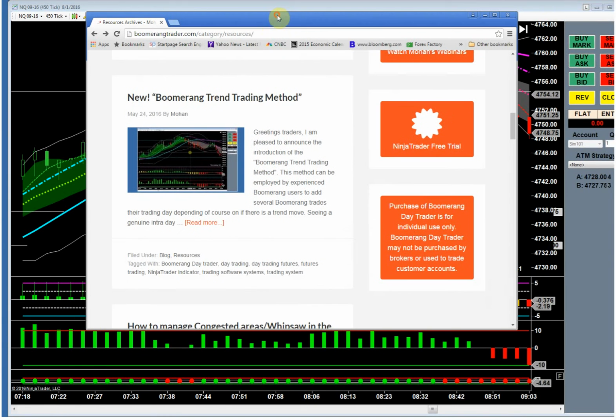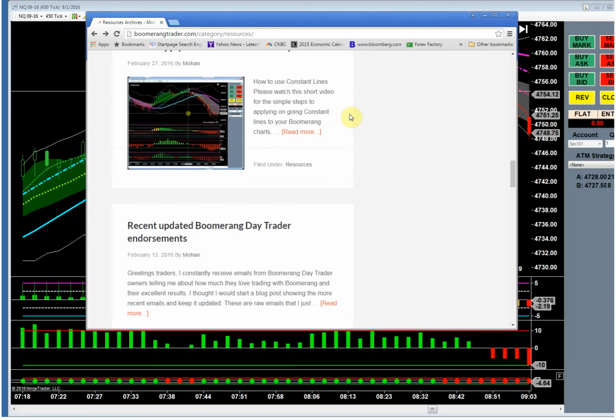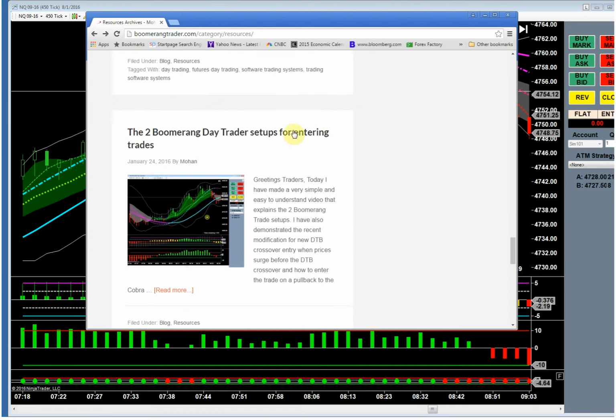Here's a description of the trend trading method, and then down here our core method, which is the 2 Boomerang day trader setups. There's 2 principal setups. The first, momentum blast, and the second level trade if it sets up.